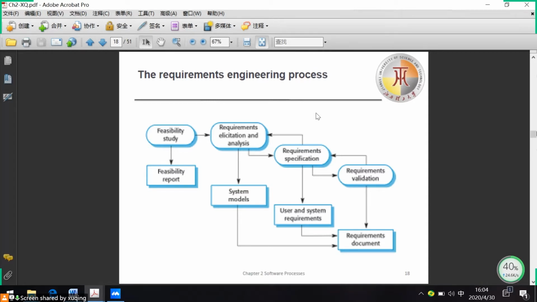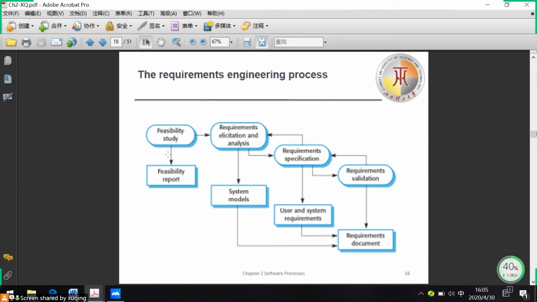And when we are asked to draw the graphic presentation of the requirements engineering process, we should draw this. You see, we have the feasibility study as stated by Saji, the requirements elicitation and analysis, requirements specification, and the requirements validation.